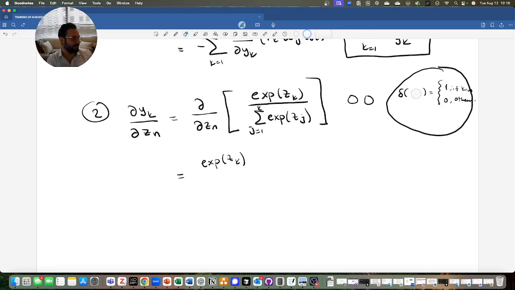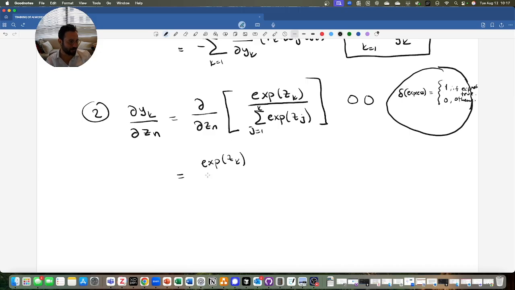I shouldn't say k equals n since I'm introducing a general rule. So there's an expression: if the expression is true, if this holds.